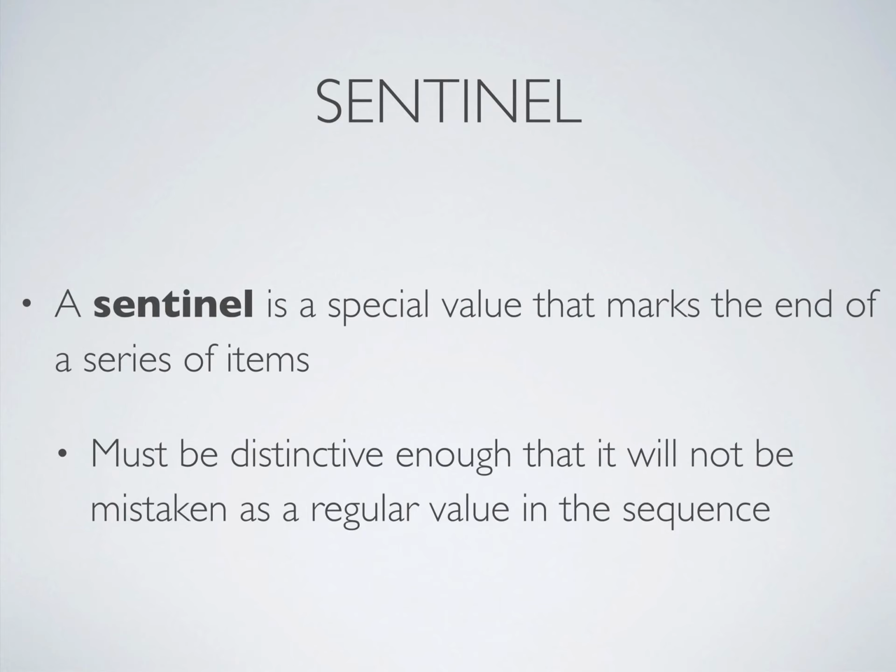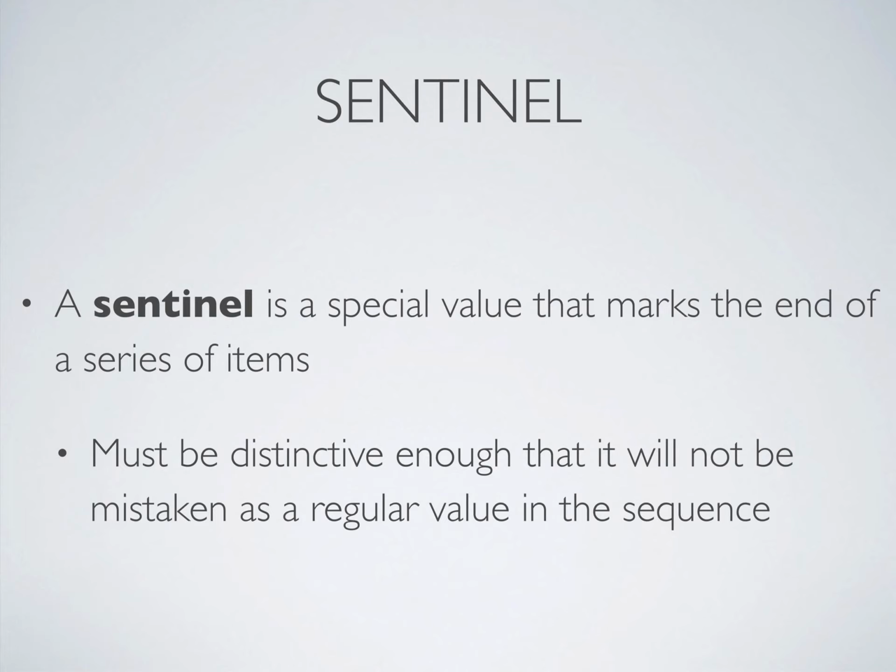In that case you can use something called a sentinel, just like the general word sentinel, which means a soldier that keeps guard or watch. Same idea with code. A sentinel is a special value that marks the end of a sequence of items.